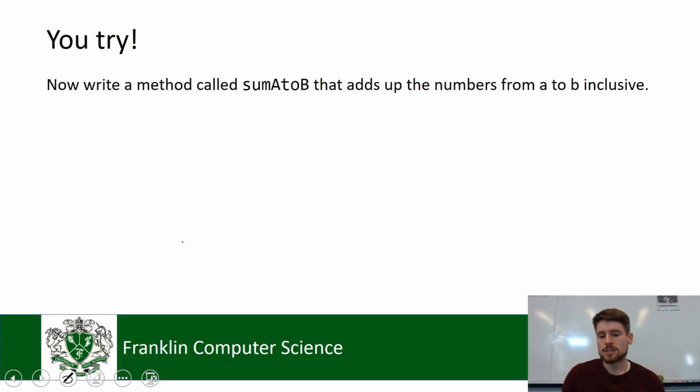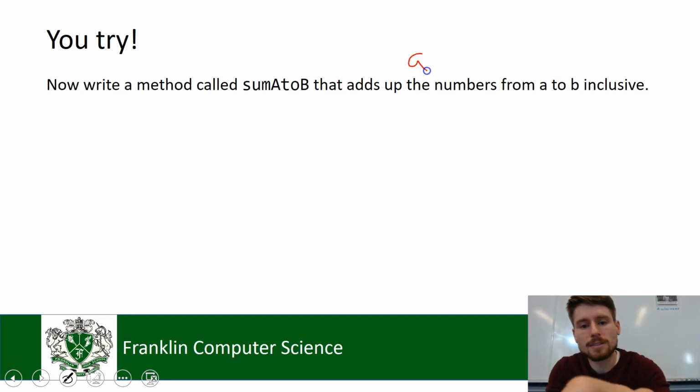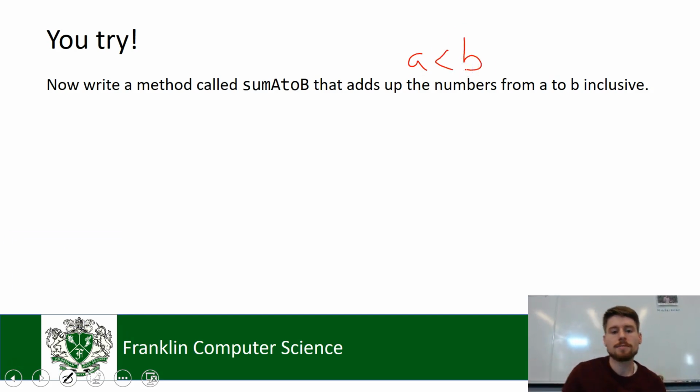Here's another one. So we just did 1 to n. Now write a method sumAToB. You can use your last one as a starting point. It adds the numbers from a to b inclusive. For this you can assume a is smaller than or equal to b, and if a is more than b, it should return 0.